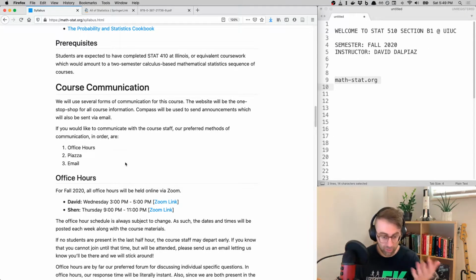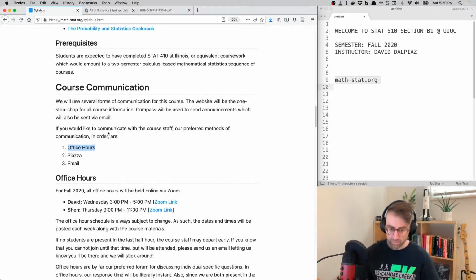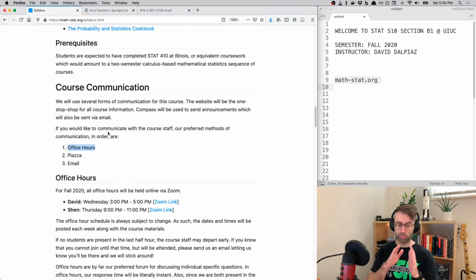In terms of two-way communication, there are 3 ways we can do that, ordered by preference. My number 1 hope is that we have some very productive office hours in this class. The class is very small, and it is also more or less spread across 2 hemispheres, so it's like we have 2 really small classes.